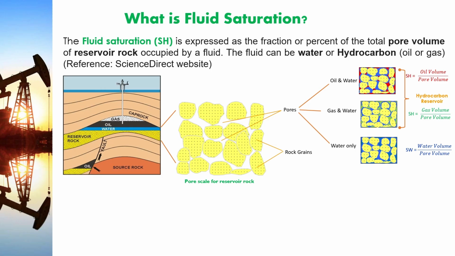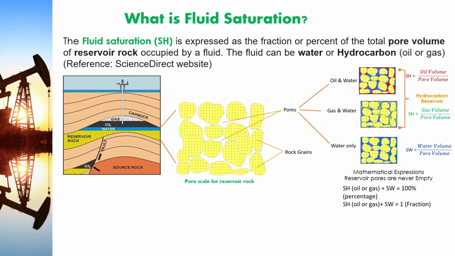One important rule to remember: pores are never empty. So the sum of the hydrocarbon saturation and water saturation is always 100% or 1 in fractional form. That was the definition of the hydrocarbon saturation, and the code we normally use is SH. Sorry, this slide should be hydrocarbon.